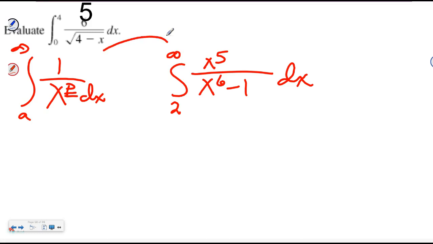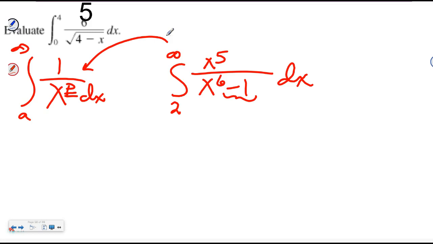This isn't directly one of these, but it's super close. If I take off this insignificant -1 that means nothing as I go to infinity, I'm really looking at something very close to x to the 5th over x to the 6th, which is very close to what? 1 over x. So when we're doing our series, you're going to go, you know what, I'm going to try comparing this to 1 over x because I know it does what?